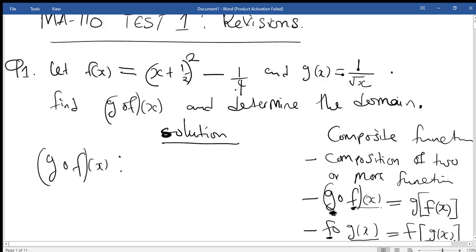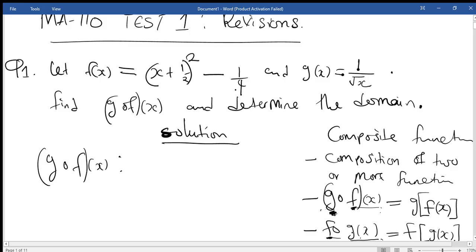So this is a function we are composing: f composed with g. This is what we call f composed with g, and this is what we call g composed with f. In g we are inserting f of x. Here, in f we are inserting g of x.